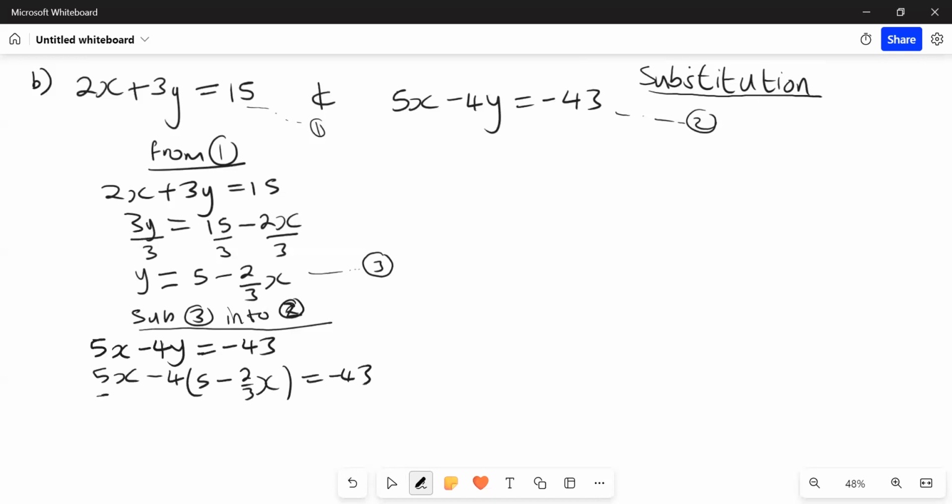Perfect. And then we have 5x minus 20. Now remember, we need to distribute negative 4. I hope you all are with me. So we multiply negative 4 with negative 2 over 3, and we get positive 8 over 3 x equals minus 43, right?